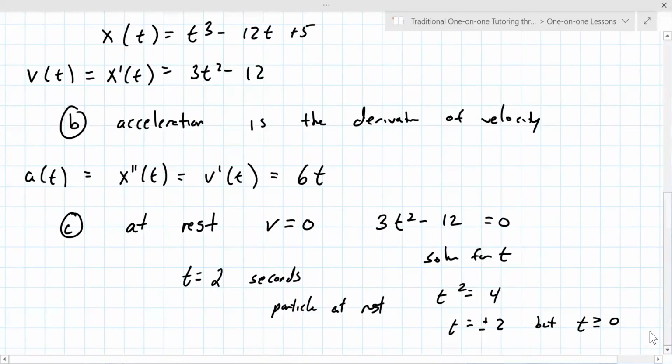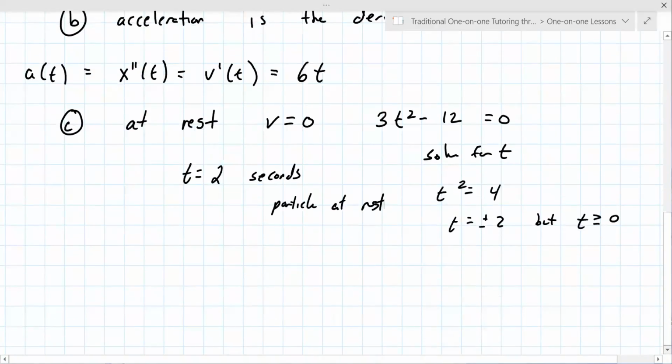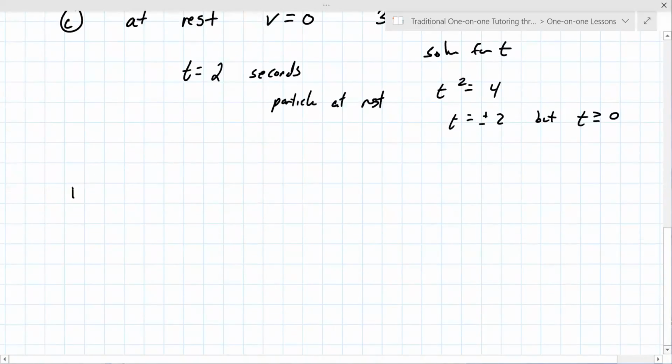Now I'm going to go a little bit beyond what we're doing here, and I'm going to make a number line for v prime. So v prime is defined from 0 to infinity, and at 2, it's at rest.